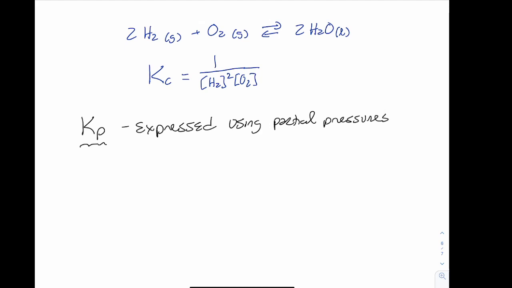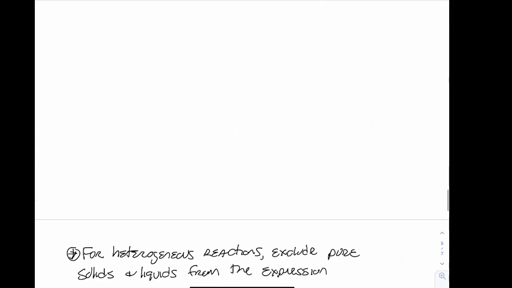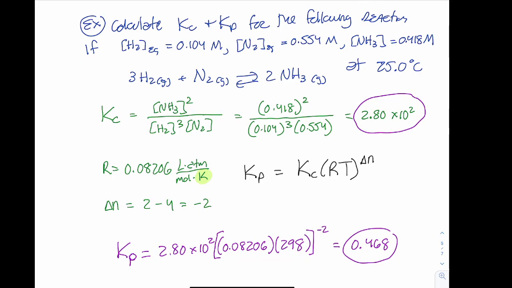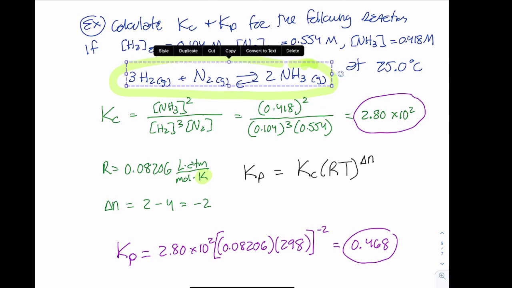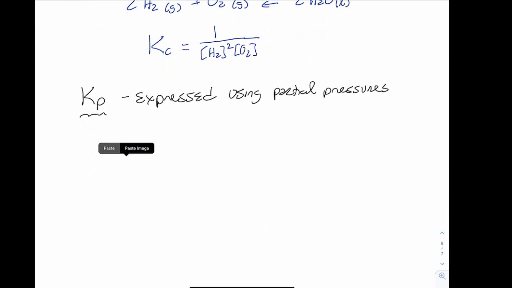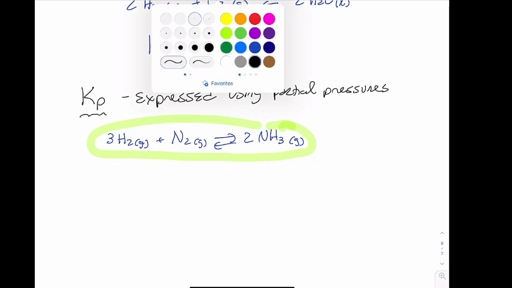instead of concentrations. So if I wanted to, let's just do the couple that we've done already. So I'm going to go back up to this equation. If I want to write Kp for that, let's copy it down, it'll be easier. I'm going to do it a very, very similar way. It's still going to be products over reactants, still going to be raised to a power equal to its coefficient.